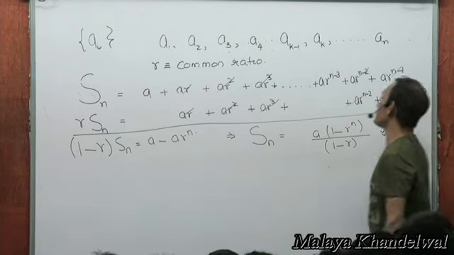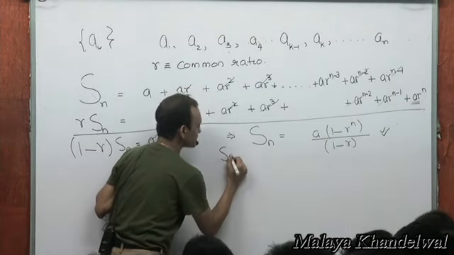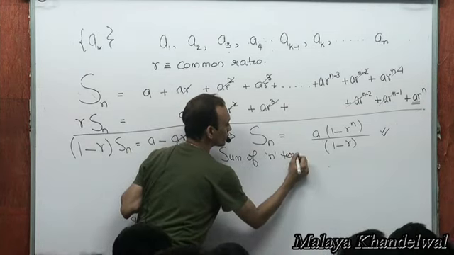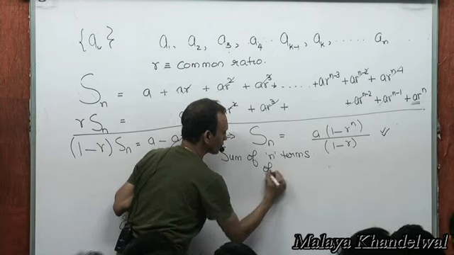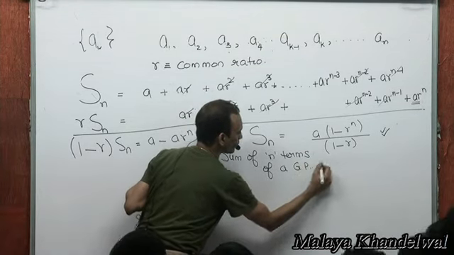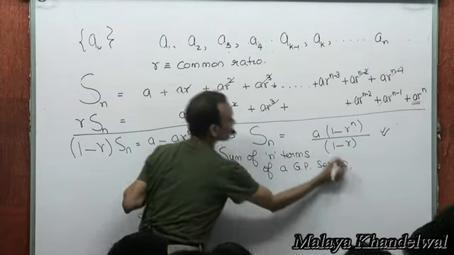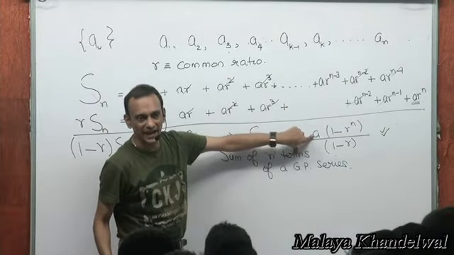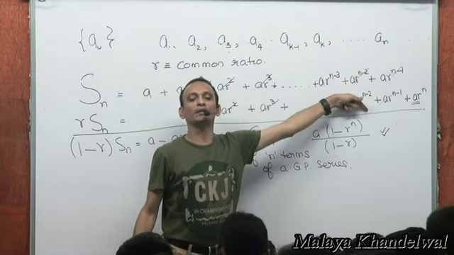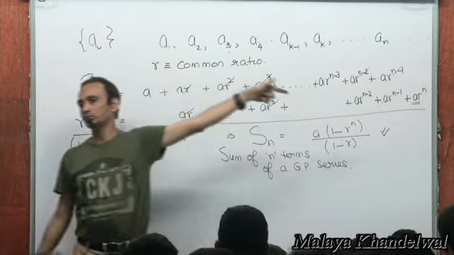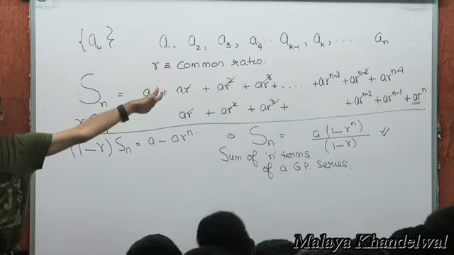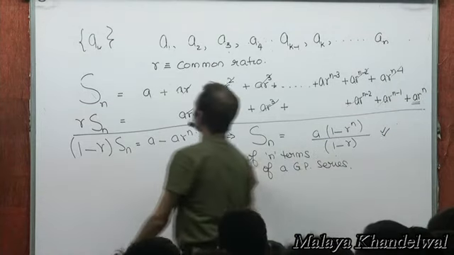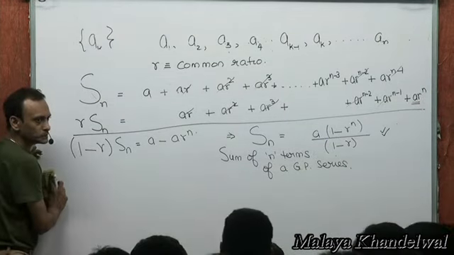This will give me the sum of n terms of a GP series with first term A, common ratio R, number of terms n. Sounds good? Now, can I wipe this off?